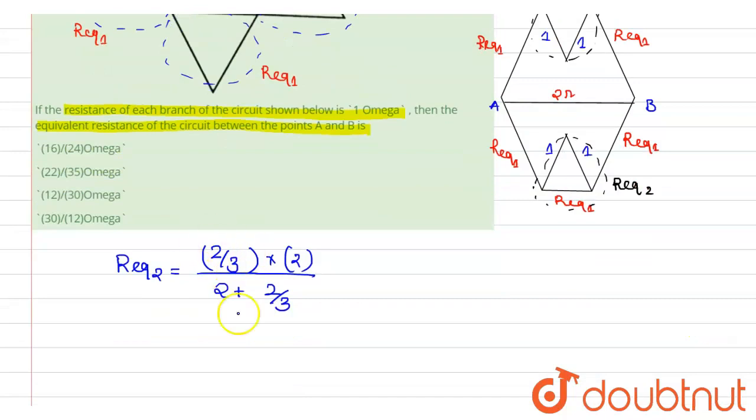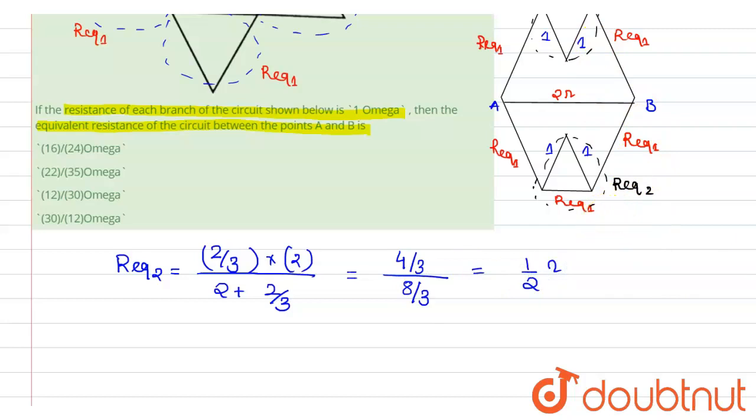So the numerator will be 4 by 3, and the denominator will be 8 by 3. So it comes to 1 by 2 ohm.